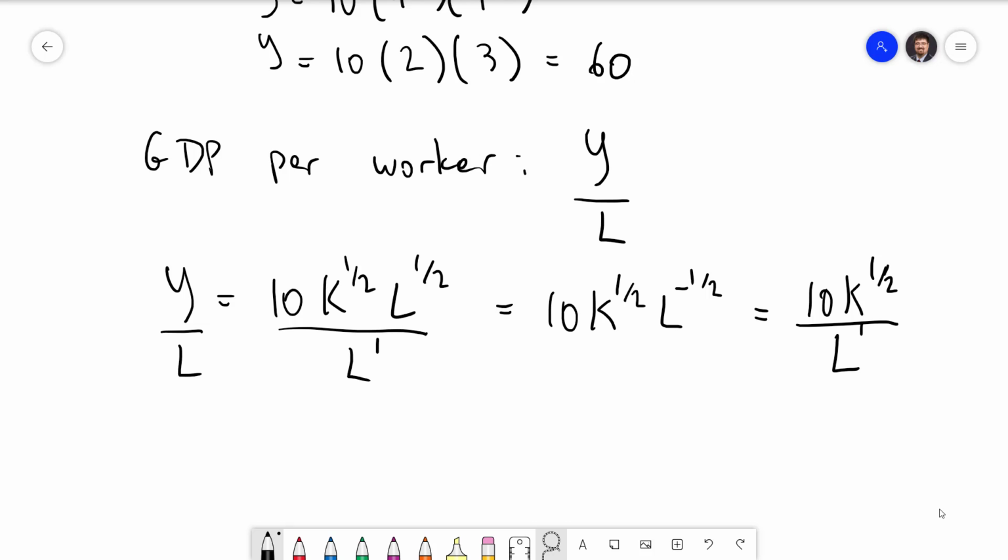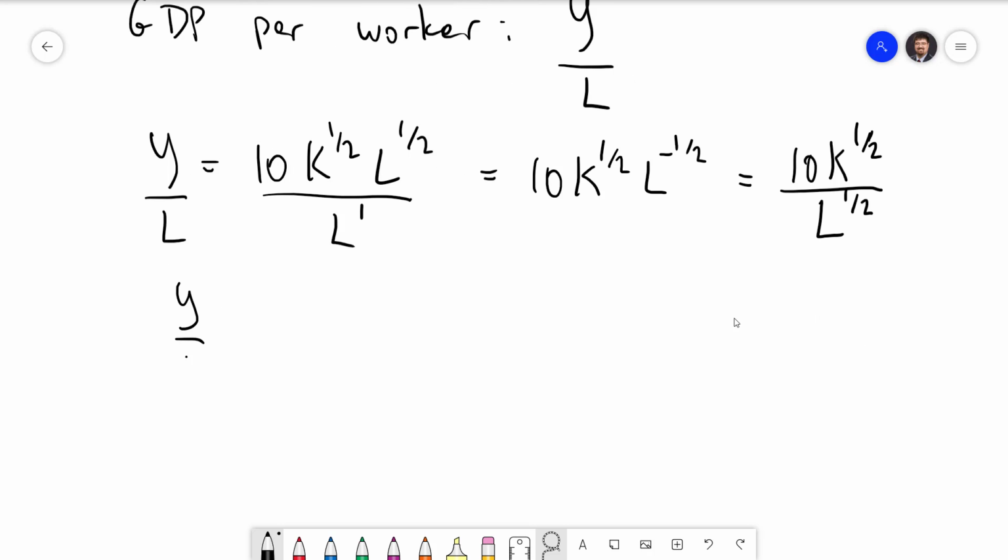And so L to the negative 1/2 is the same as dividing by L to the positive 1/2. I'm now going to pull the 1/2 power out, and so we get 10 times K over L to the 1/2. And this just cleans things up a little bit.